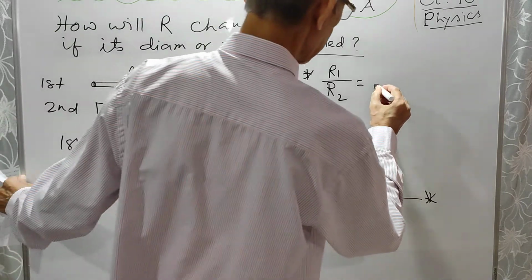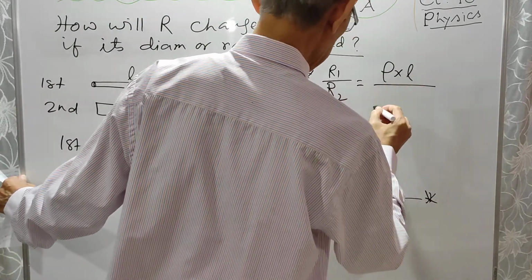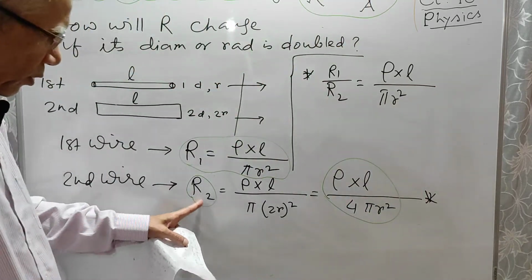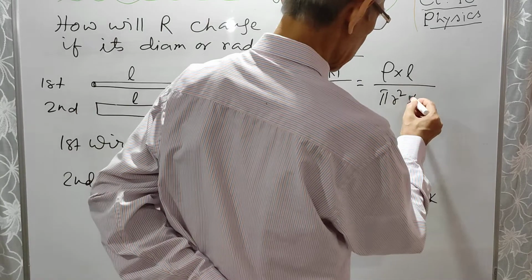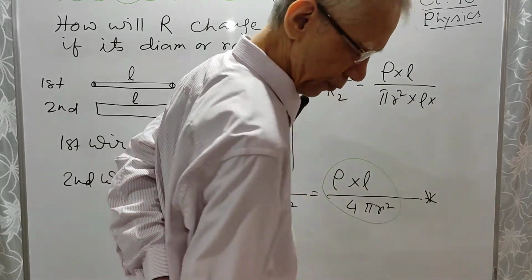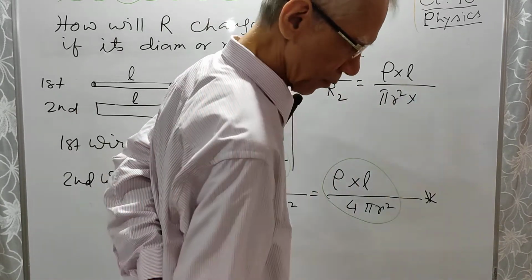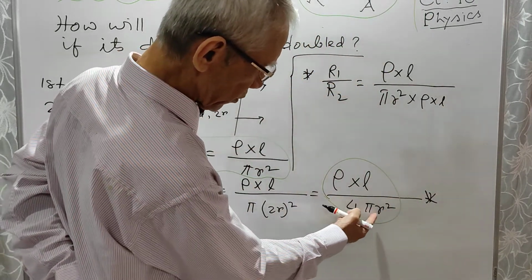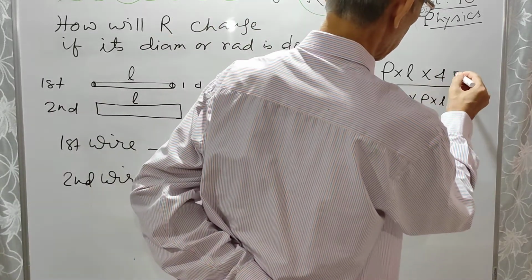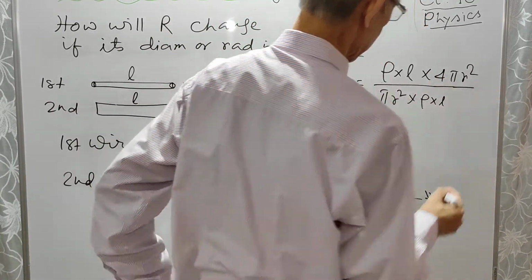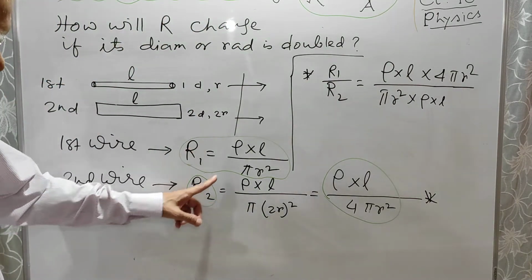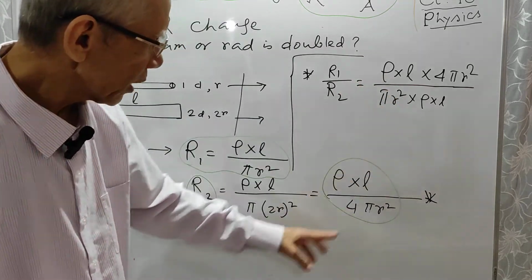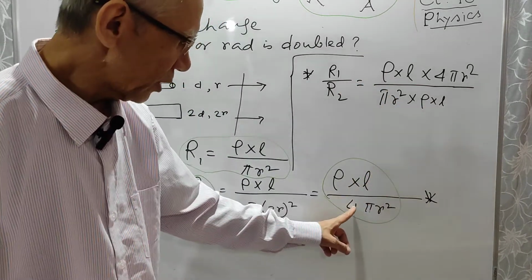R1 is this one, rho into L by pi r square, divided by R2, which is rho into L by 4 pi r square. So R1 divided by R2, rho L by pi r square, divided by this, the 4 pi r square will go up.